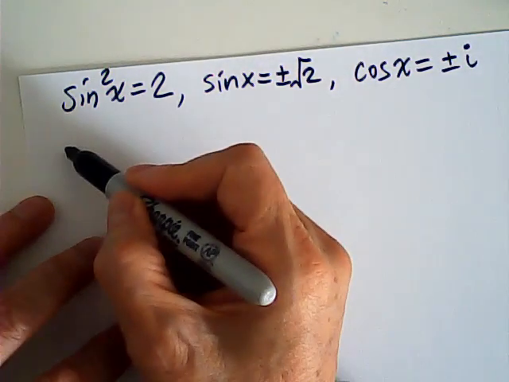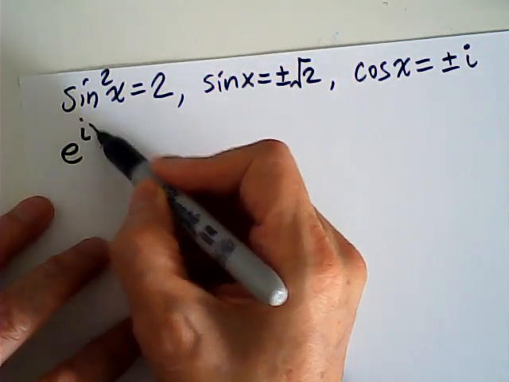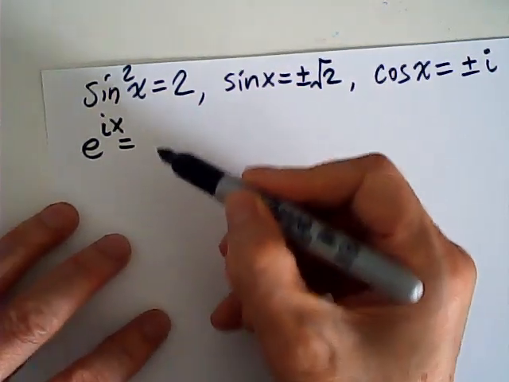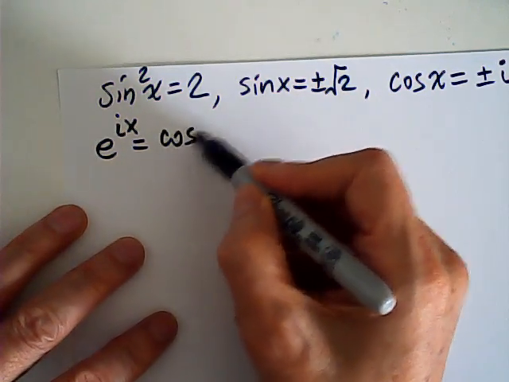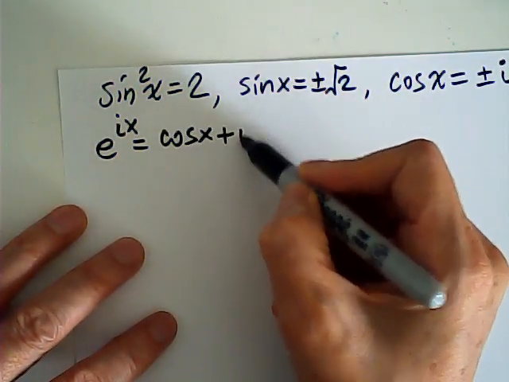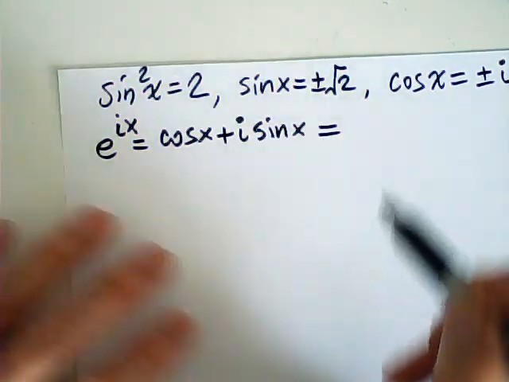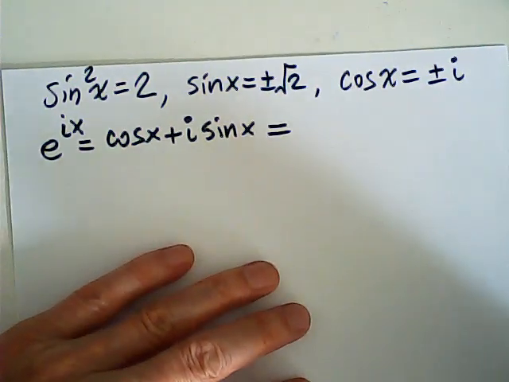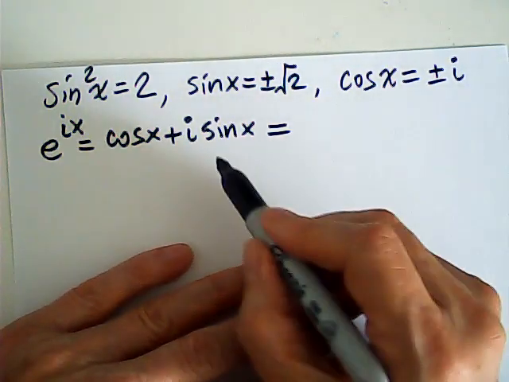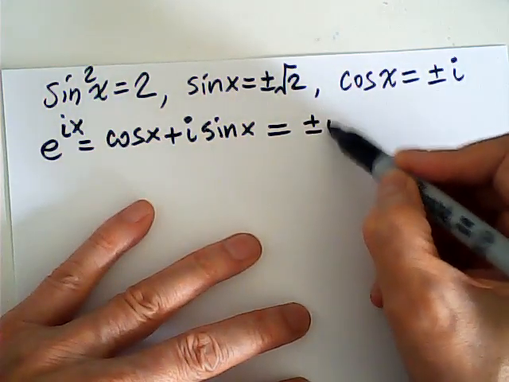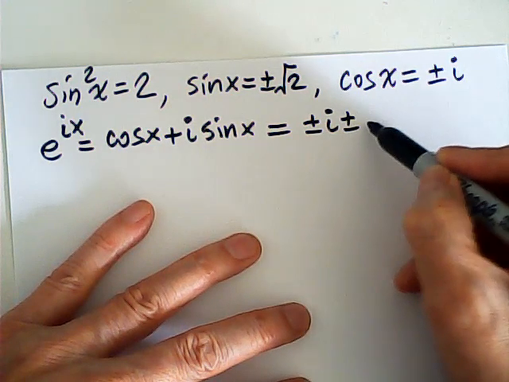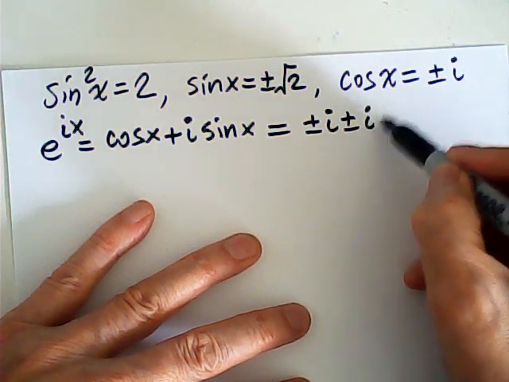Then e to the power of ix is equal to cosine x plus i sine x, which is equal to plus or minus i, plus or minus root 2, right?